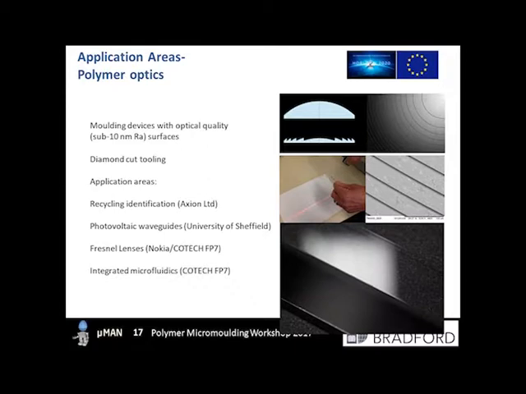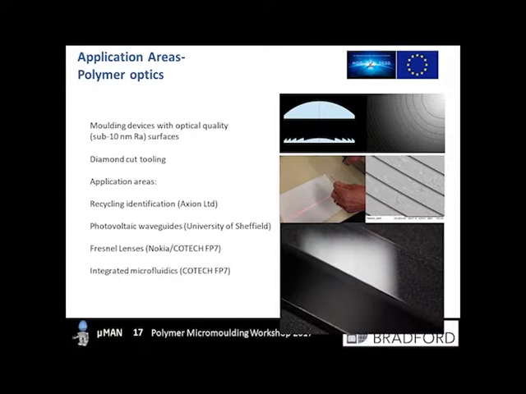Another big area is optics. We can work closely with people who produce very high quality tools using diamond machining techniques, so they can directly machine optical surfaces. When we get those parts, we can then replicate those optical surfaces in a range of polymers using a micro-injection molding process. We have very, very high pressures with our injection piston, which allows us to get very good replication quality of these structural elements.